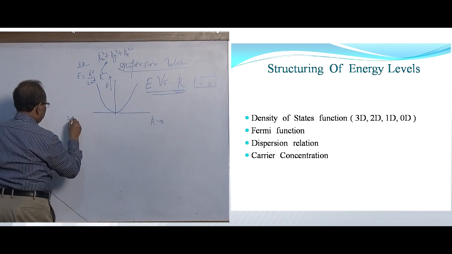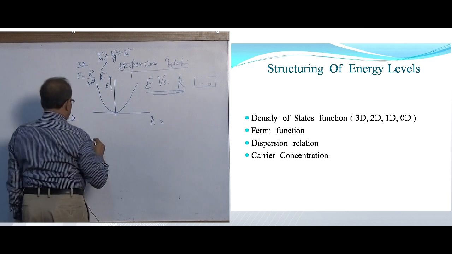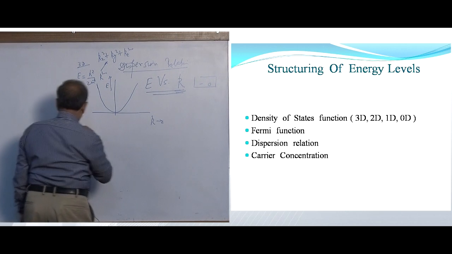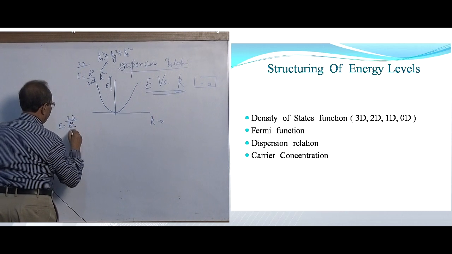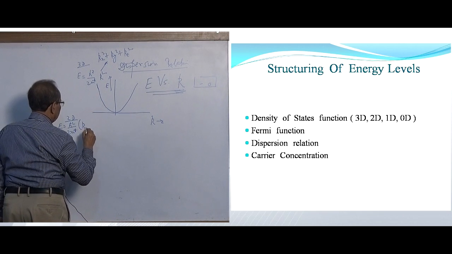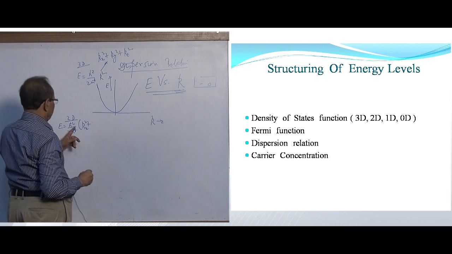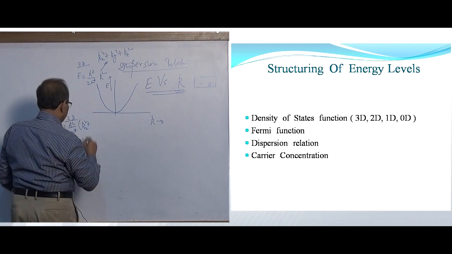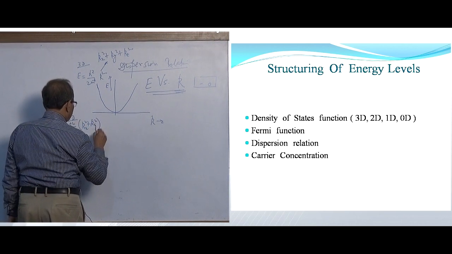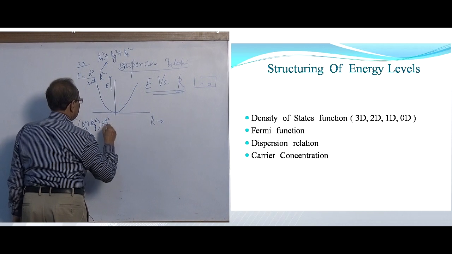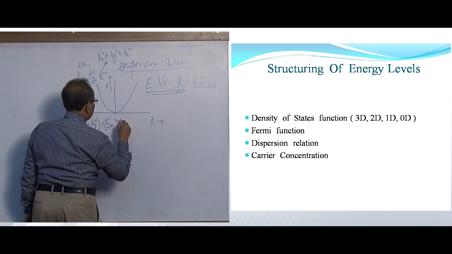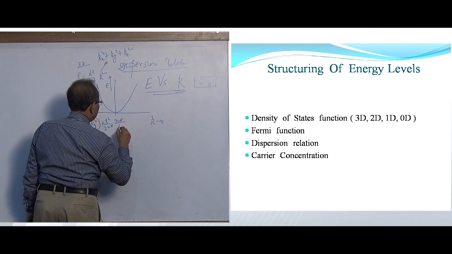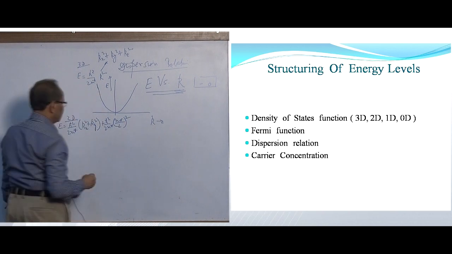Now, 2D. In 2D, the energy is equal to h cross square over 2 m star times kx square, so one dimension is restricted, the z direction.